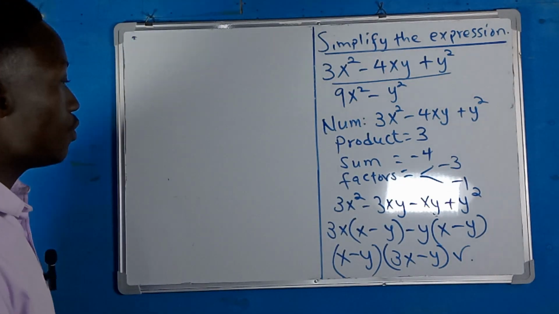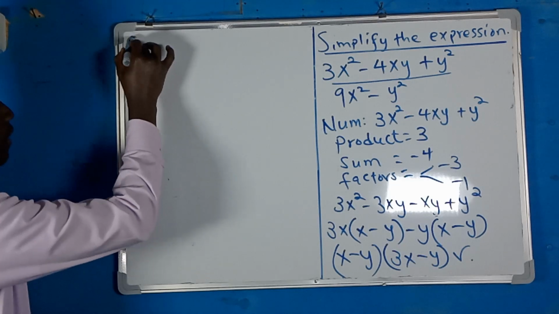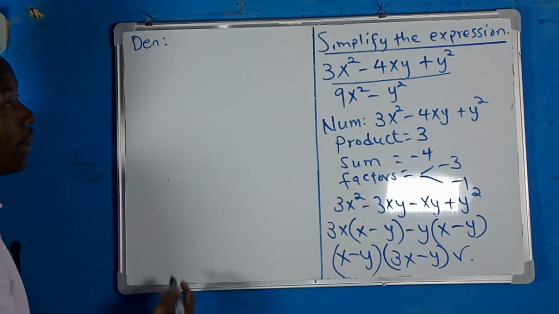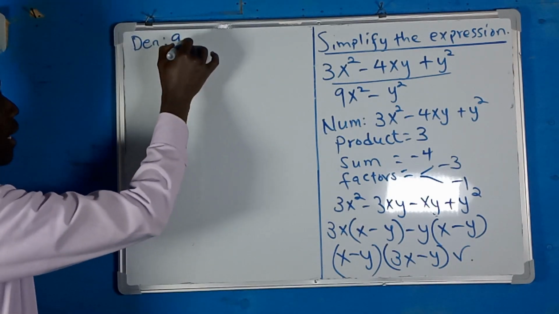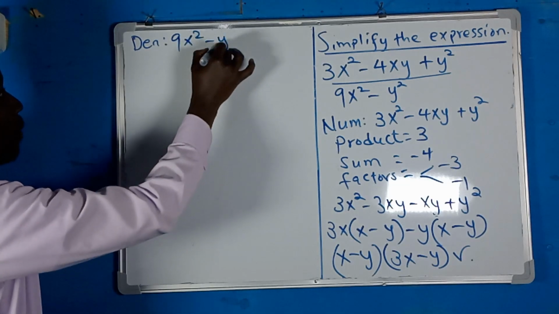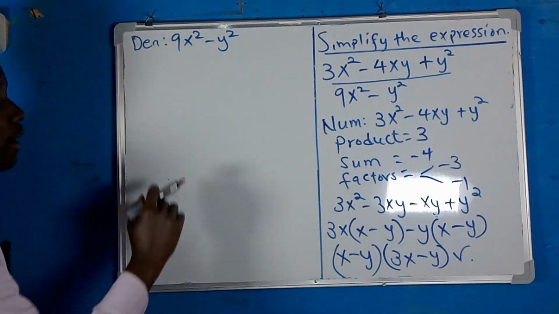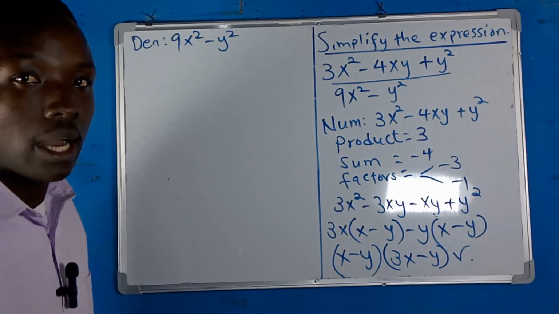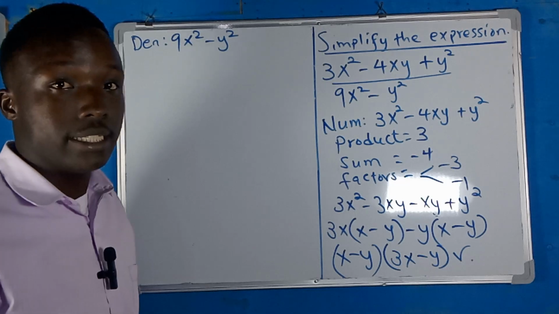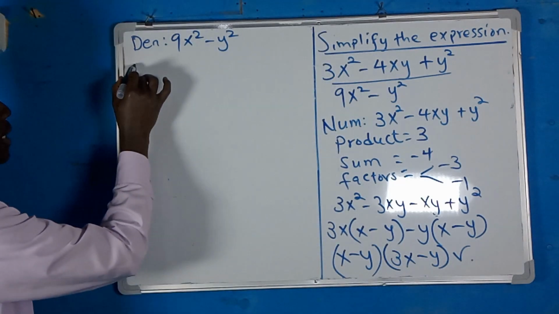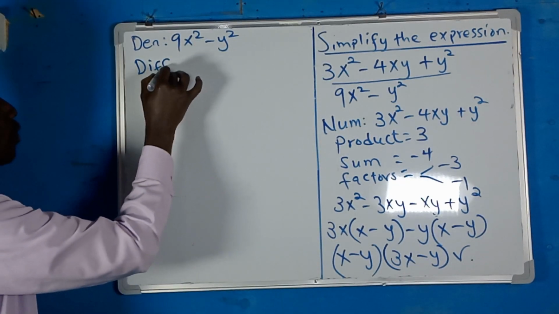So we then go to the denominator. Our denominator is 9x squared minus y squared. Here we are going to apply a quadratic identity, which we refer to as a difference of two squares.